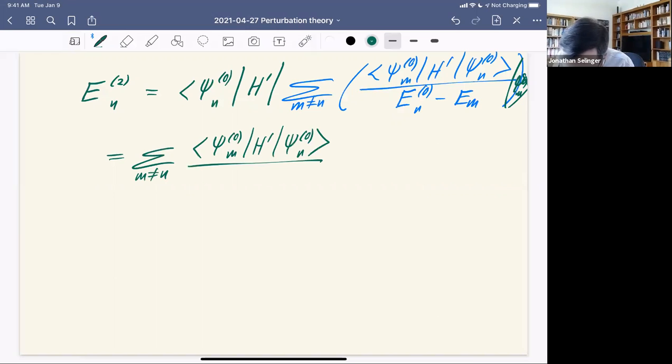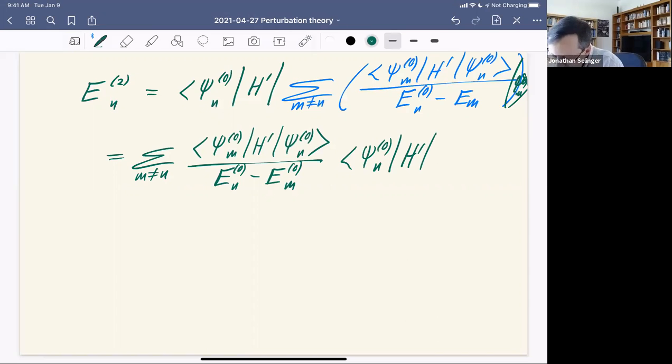In the denominator, we have the difference of energies, E0n minus E0m. And then we still have the inner product. It's psi 0n acting on H prime, acting on the ket that's way over here that I almost forgot, which is psi 0m.